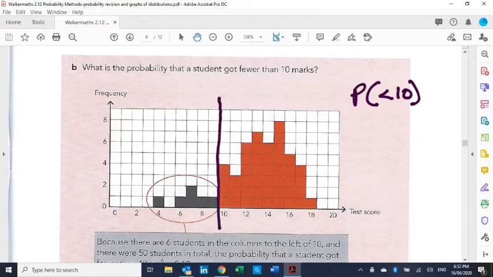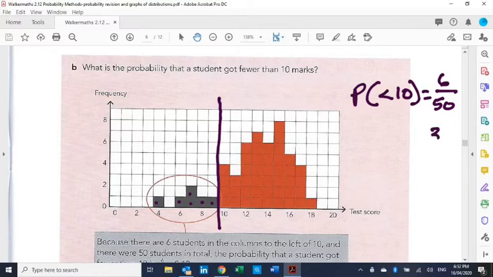So all we need to do is count all the boxes that are lower than 10. 1, 2, 3, 4, 5, 6. So the probability that it's less than 10 is 6, out of the 50 students. So there's the completed probability. P standing for probability of, and we told exactly what it was, and then the number.